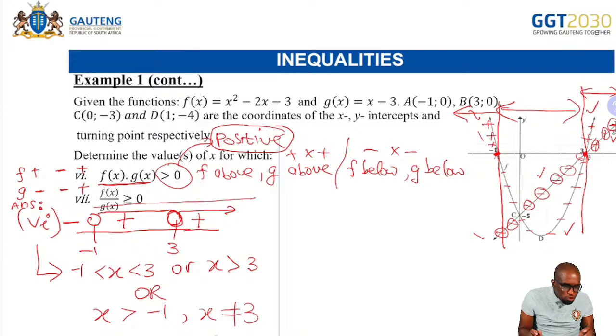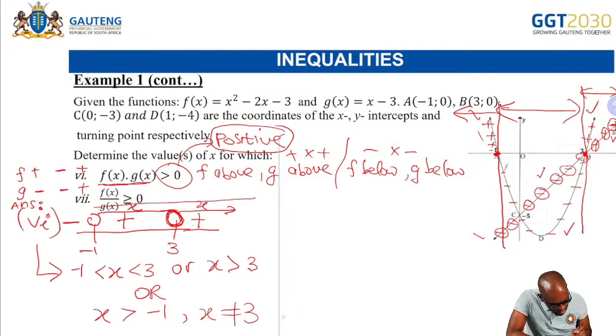So you'll choose which method works better for you. You say x is trapped between -1 and 3 and x is greater than 3, or you can say all the values of x that are greater than -1 excluding 3. It's very, very important there.